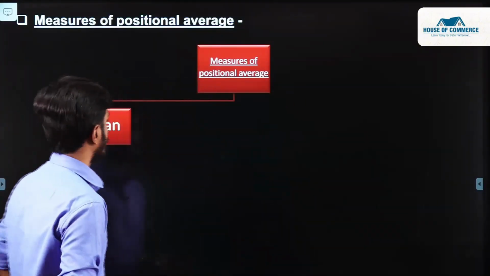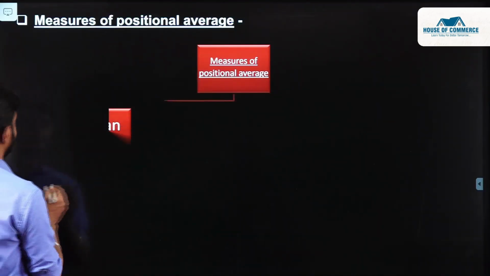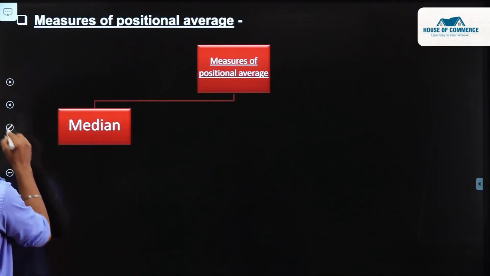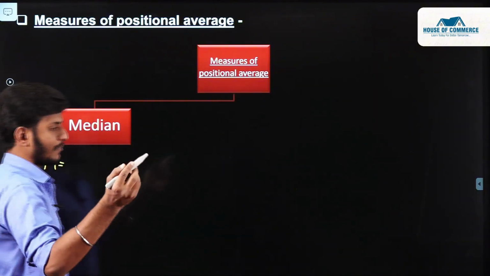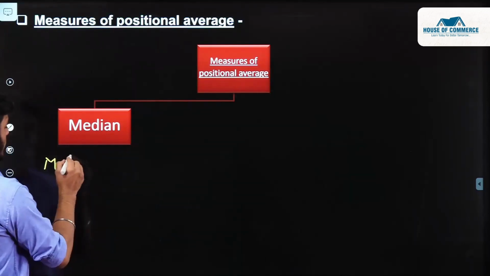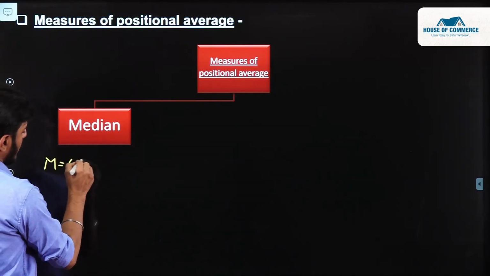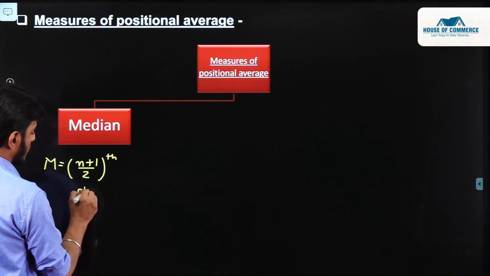And how can we write the median? What is the formula for the median? The basic formula for the median M, for the ungrouped data, I am talking about only the ungrouped data, is M equals (n plus 1) divided by 2th observation, right?